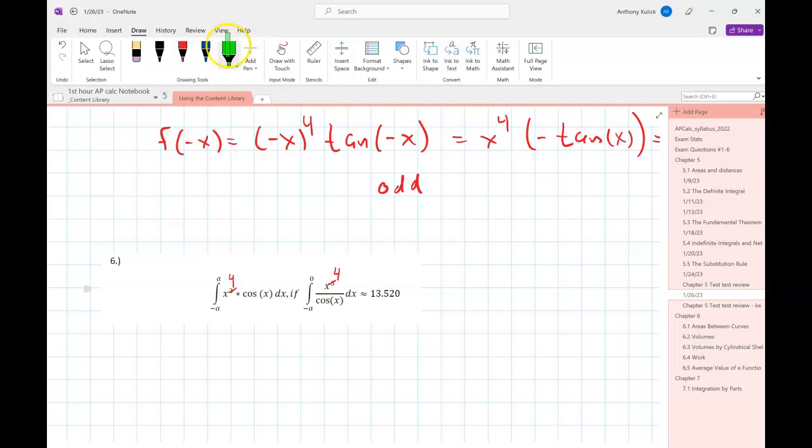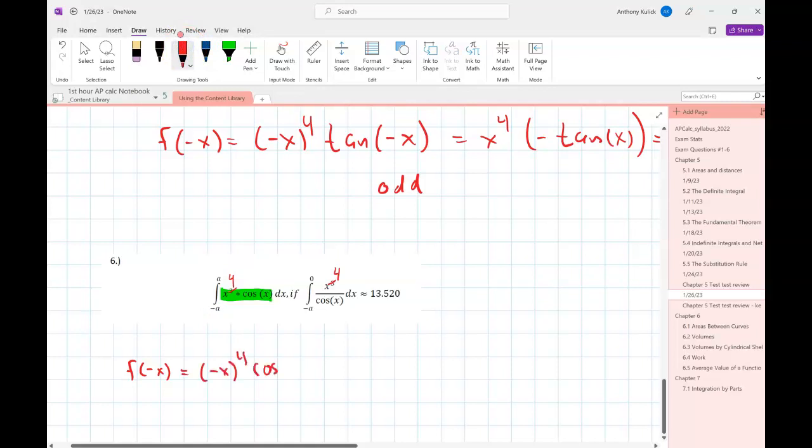So first thing I'm going to do is look at this and see if that's my f of x. I want to see if that's odd or even, again because I see the upper bound and lower bounds are opposites. So negative x to the fourth, cosine of negative x. Well, negative x to the fourth is just x to the fourth.